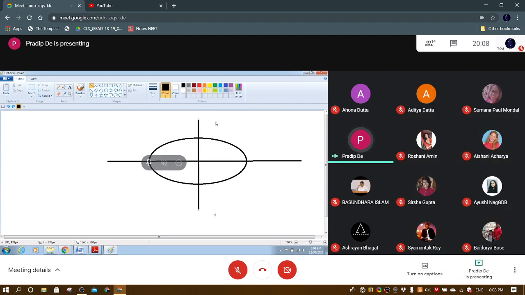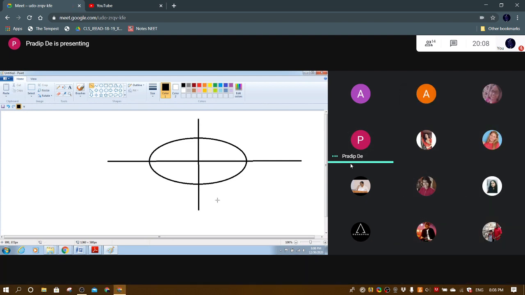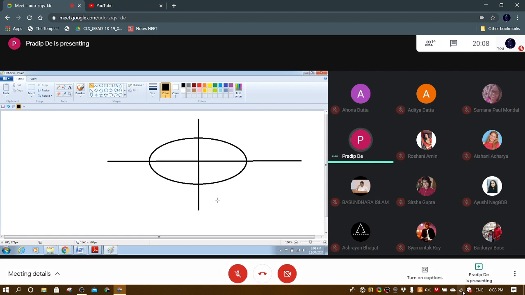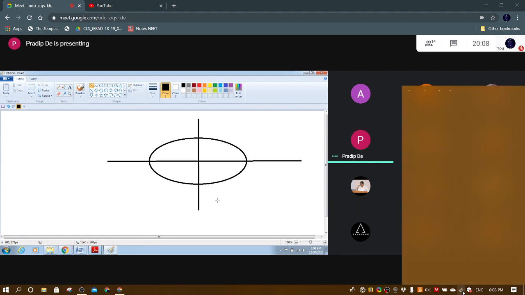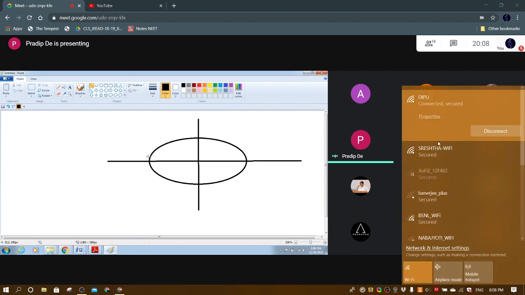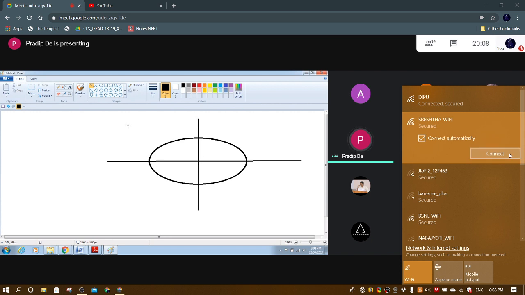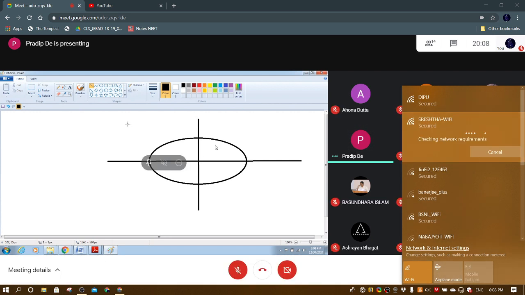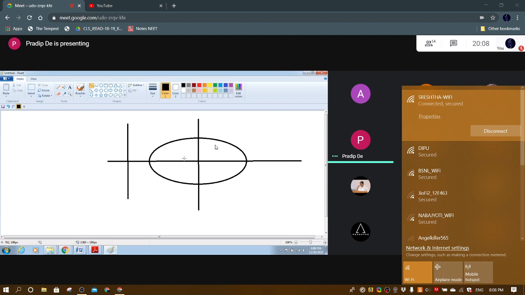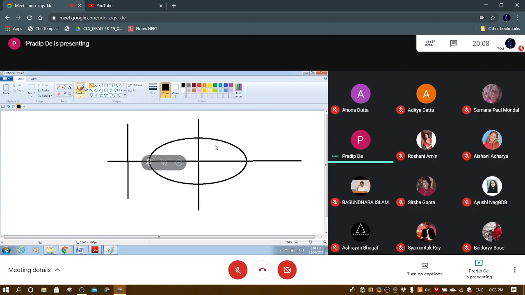Suppose this is the y-axis. Then the directrix will be somewhere here. What standard ellipse am I talking about? Suppose this is the focus.